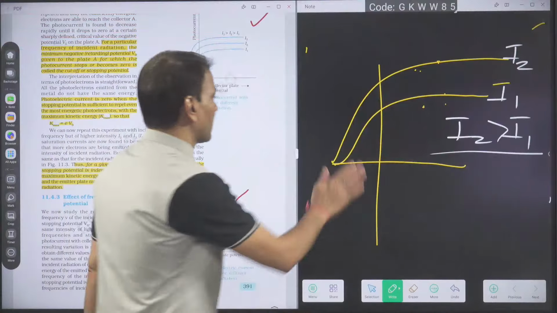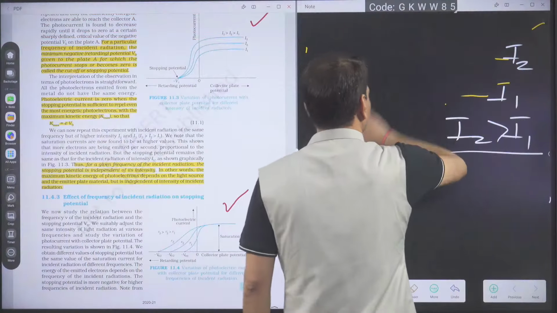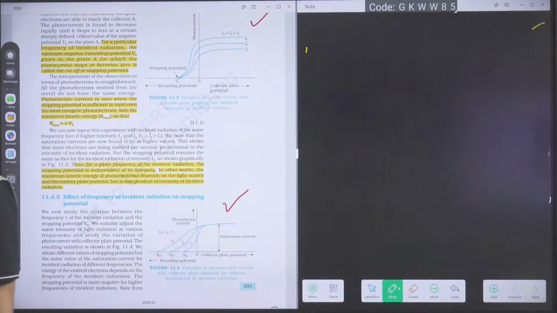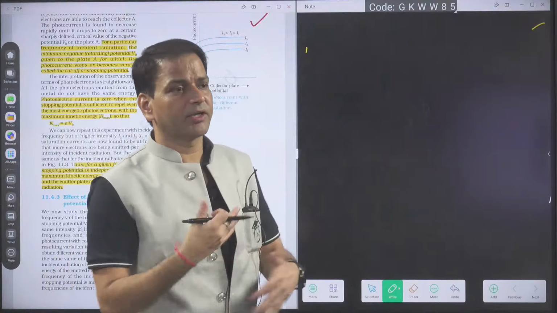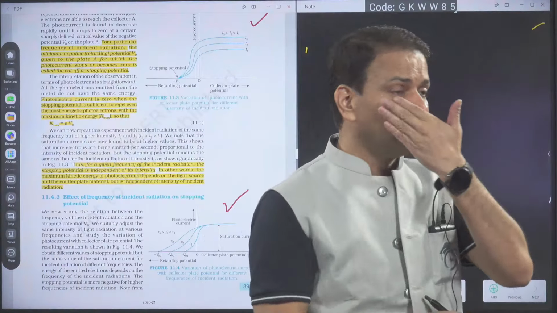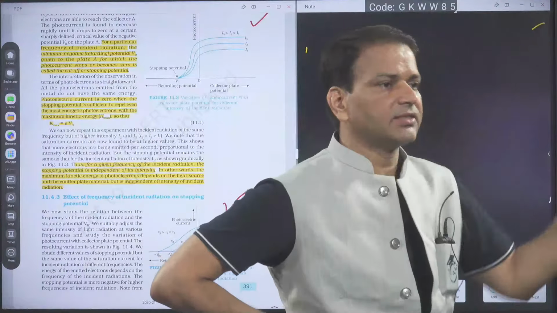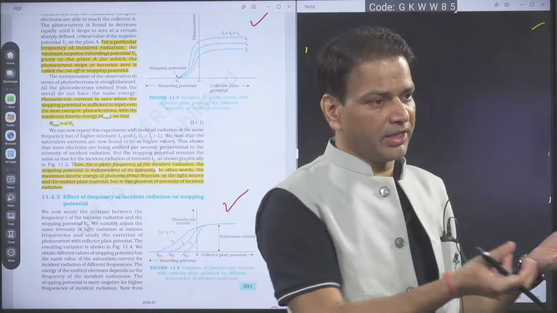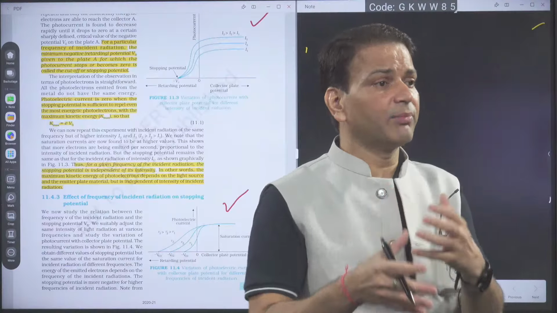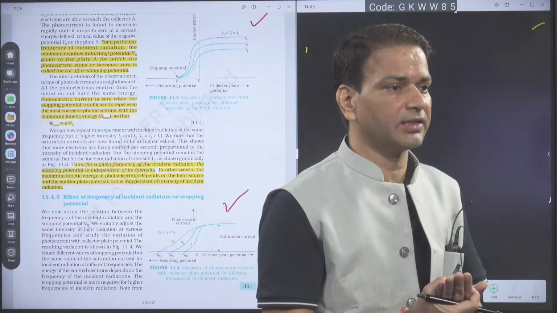Second thing, kinetic energy depends upon which factor? The number will not decide the kinetic energy. How are electrons ejected due to the photon? Suppose the photon energy is 5 eV and the minimum energy required to eject an electron from the metal surface is 2 eV. Then the extra amount of energy will go in the form of kinetic energy.